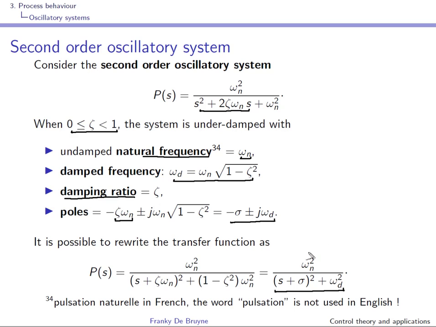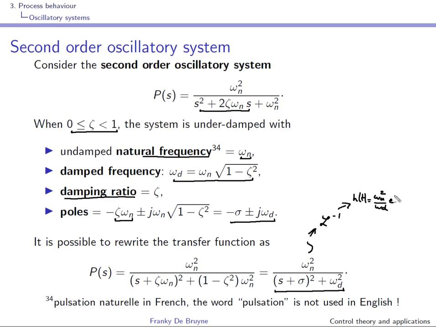So if we compute the inverse Laplace transform, this is what you obtain: an impulse response that is, well, to have a sine you would need here at the numerator omega d. You don't have it, so you'll have a gain here omega n over omega d, right?